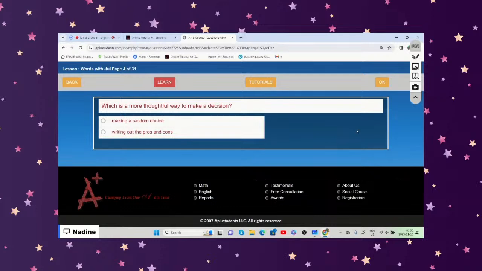Is it to make a random choice or writing out the pros and the cons, the good things and the bad things about the specific thing before you make a choice? Like you have thought about it.